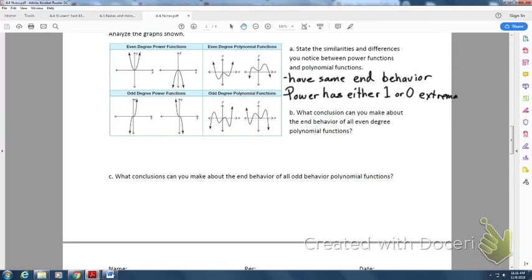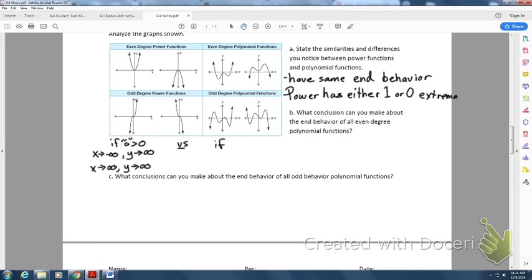Going to question B, it says, what conclusion can you make about the end behavior of all even degree polynomial functions? If the a is positive, then as x approaches negative infinity, y approaches infinity. As x approaches infinity, y also approaches infinity.